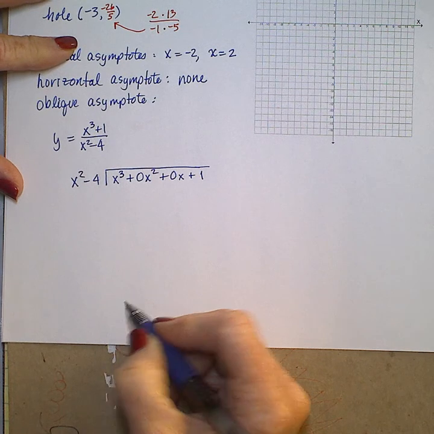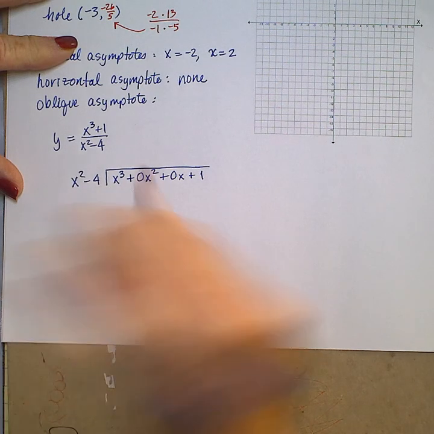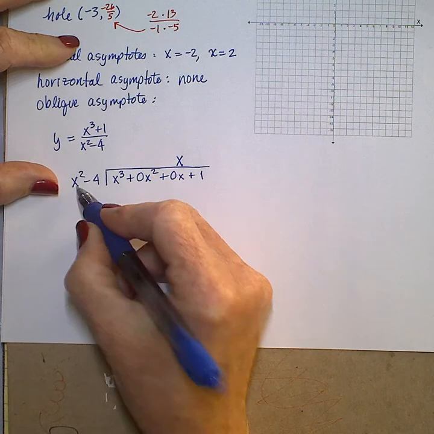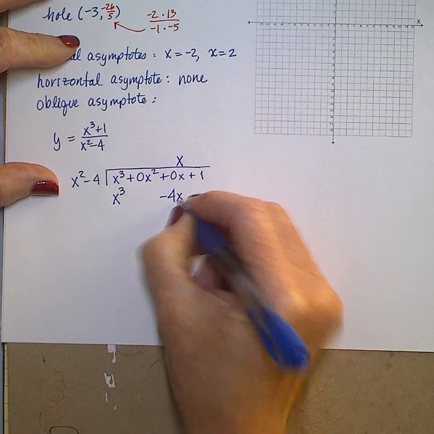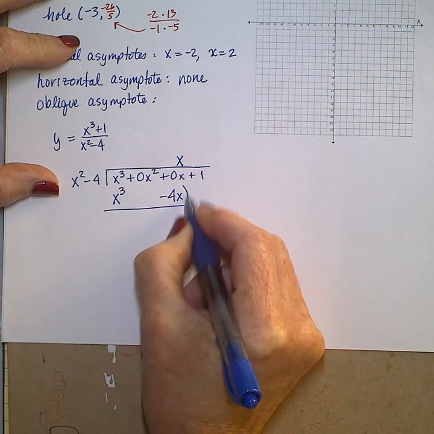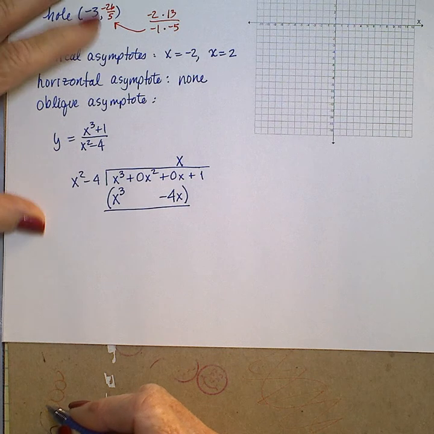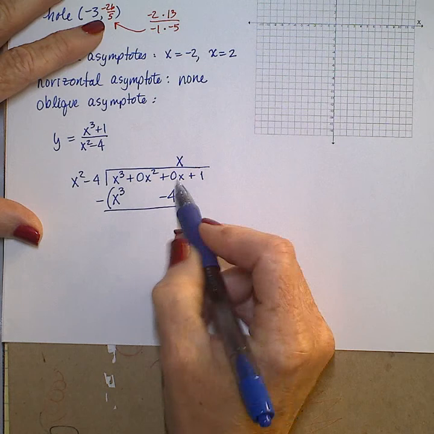What do we have to multiply to get from x squared to an x cubed? By an x. We multiply, that's going to give us x cubed minus 4x. Subtract. X cubes go, we have 0x minus a minus 4x.